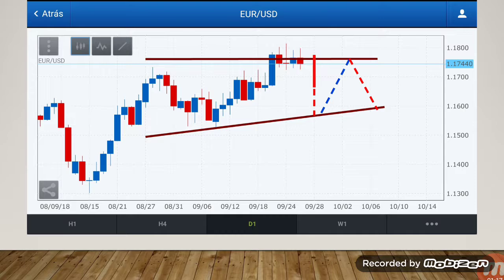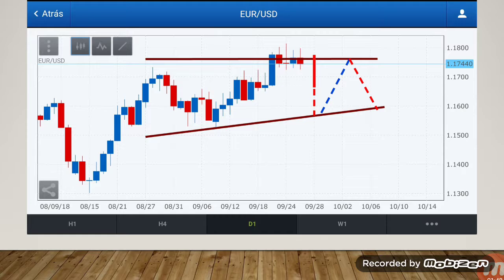So this was the situation on the Euro US dollar just a few days ago, where the market had provided us with this bearish wave followed by this bullish wave, and it had started to move sideways, indicating that it was very likely or very possible that we would see the market provide us with that bearish signal to indicate the formation of another bearish wave as part of the continuation of the formation of this consolidation setup.